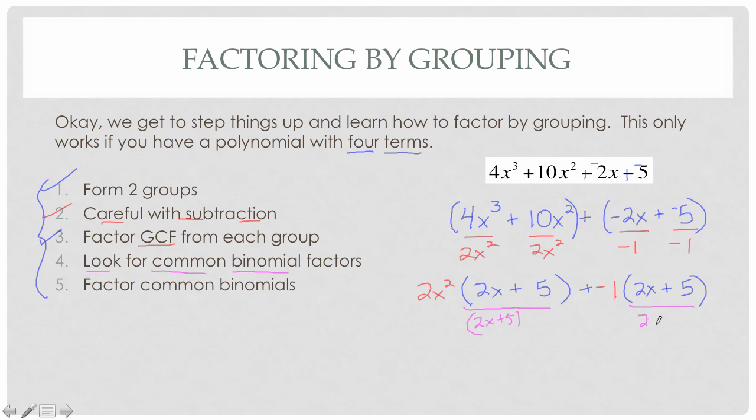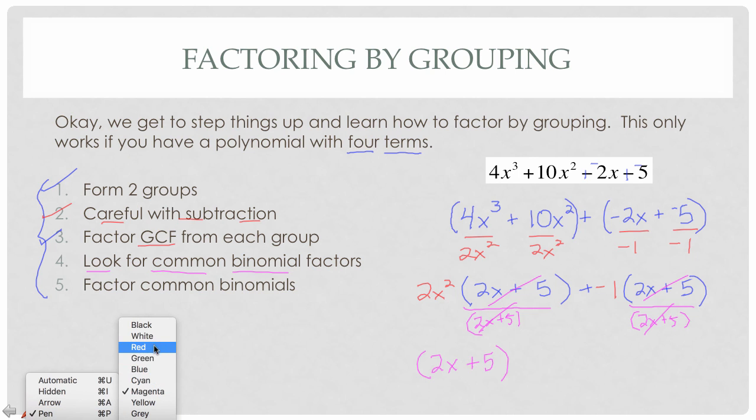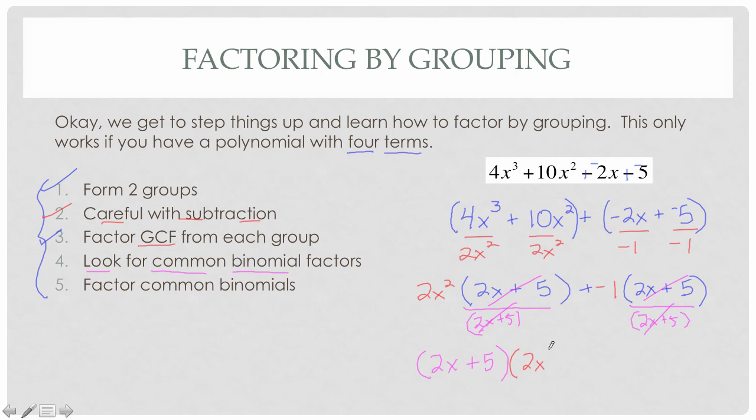They both have a shared 2x plus 5. So let's divide that out and put it in front, just like we did 2x squared or just like we did negative 1. But now we're dividing out 2x plus 5. They divide out, and all we have left is 2x squared minus 1.